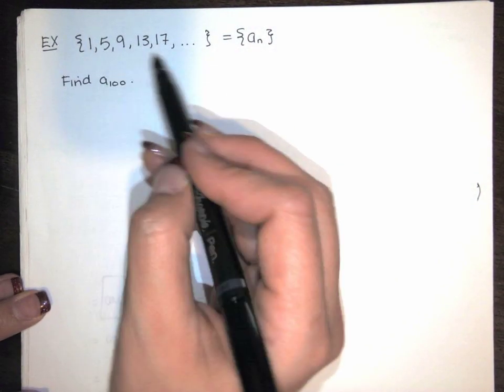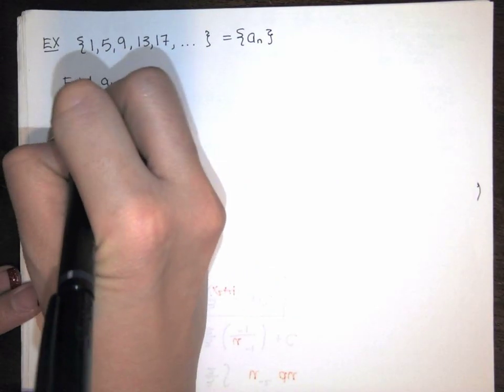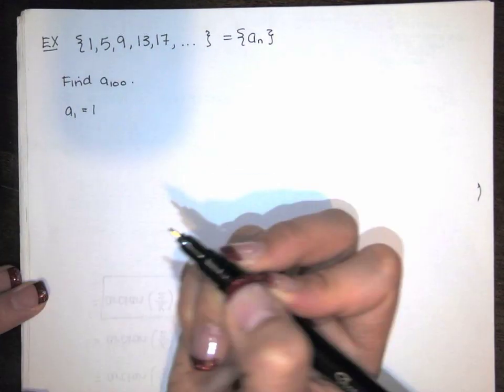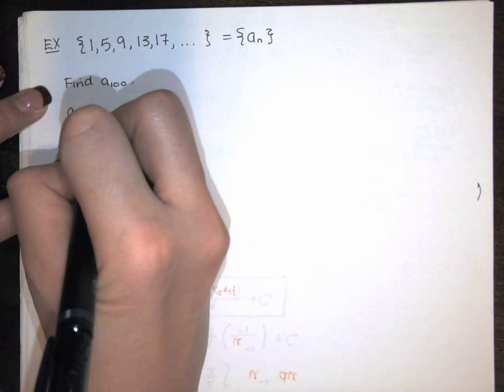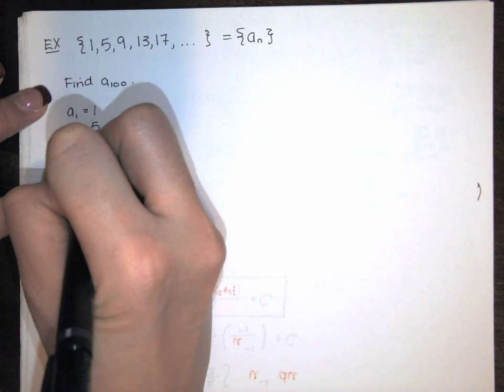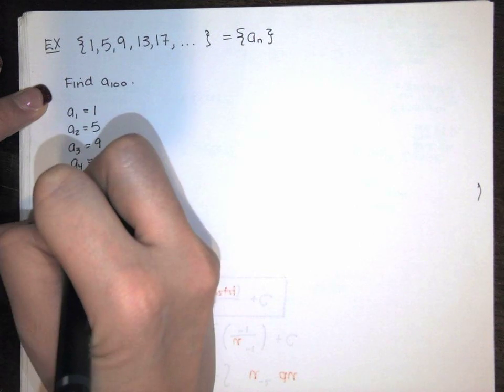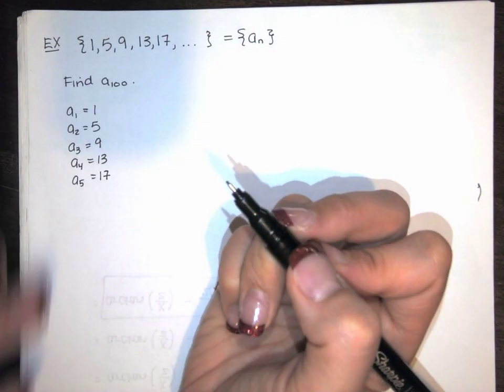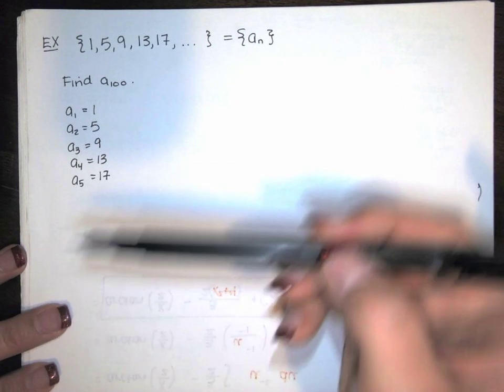So I'm going to list these terms and then try to look for a pattern. A sub 1 is my first term. I'm going to list them vertically. It just makes it a little easier for me to see the pattern personally. A sub 2 is 5, a sub 3 is 9, a sub 4 is 13, a sub 5 is 17. Okay, and now let's see if there's a pattern.